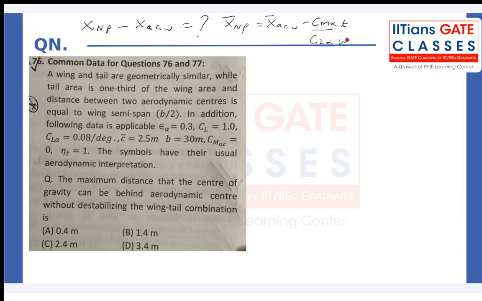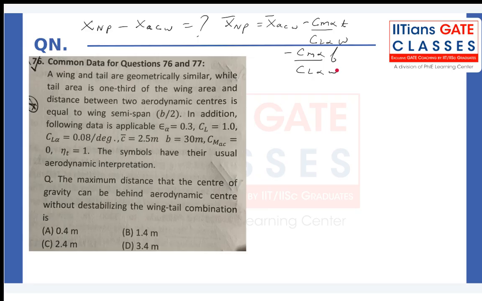Okay, so this is one simple way to see. So it's something like a weighted averaging. So you're pulling it back by some amount. Now, suppose we want to consider the fuselage contribution. So you do minus Cm alpha of the fuselage by Cl alpha of the wing. So as and when surfaces are added, you keep adding these terms.